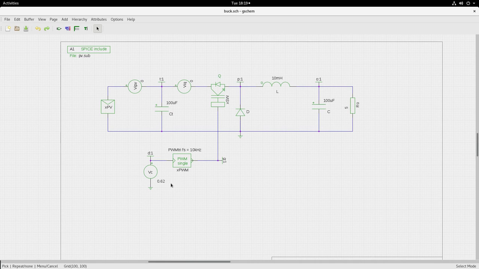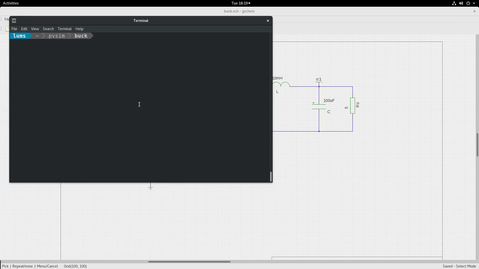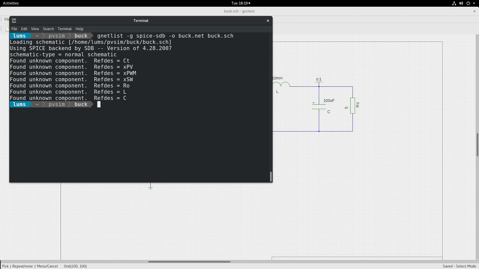So given this, let us save, go to the terminal, and let us simulate the circuit. First let me generate the netlist using gnetlist and then ngspice buck.cir.